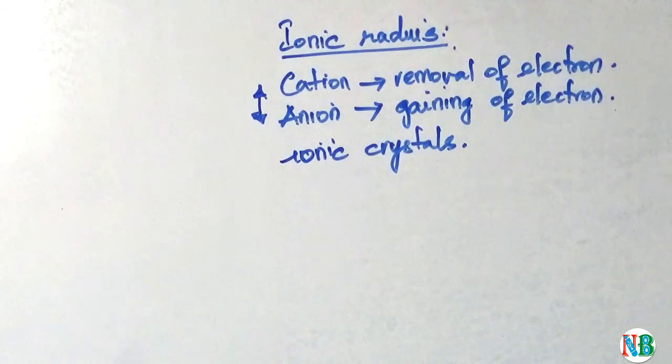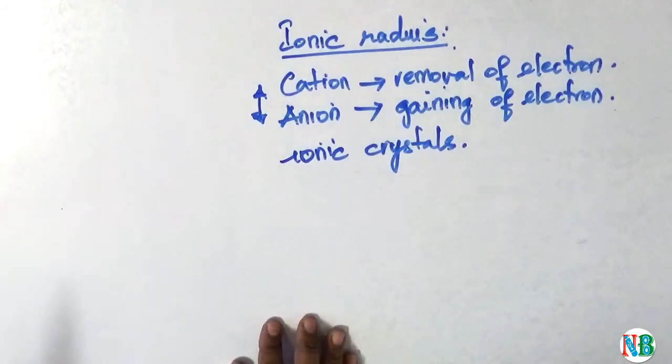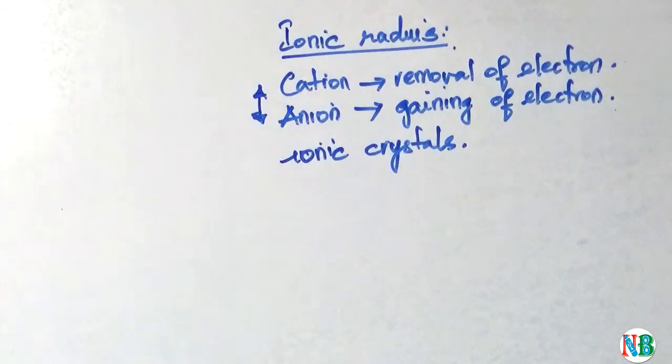Now we go on to ionic energy. The energy between this cation and anion is called ionic energy. So the greater the distance, the lesser will be the energy. The lesser the distance, its energy is more.